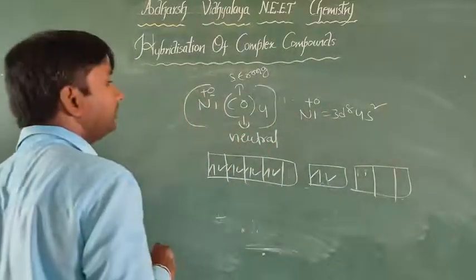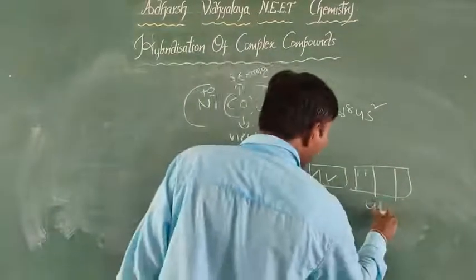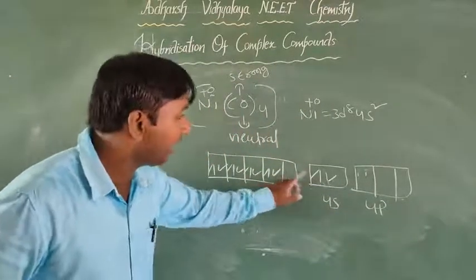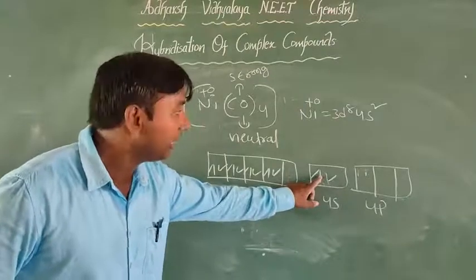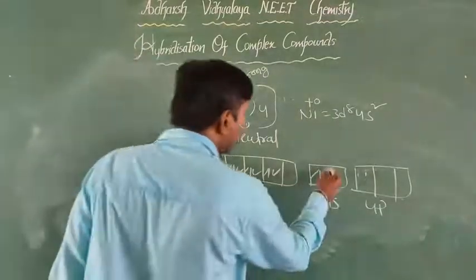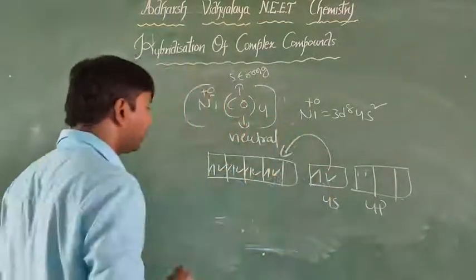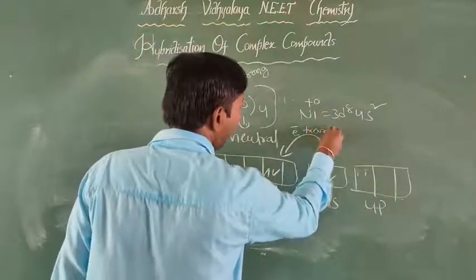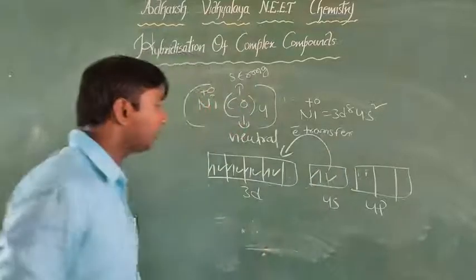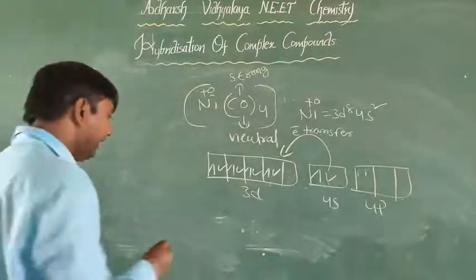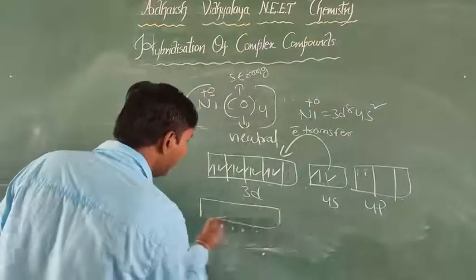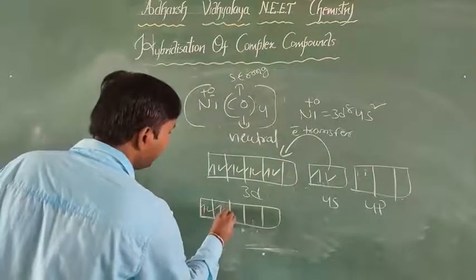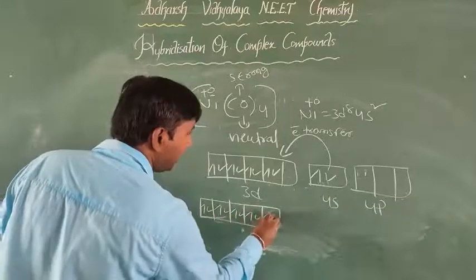Okay, this is the 4p. This is 4s. But here in 3d one vacant orbital is there, but 4s is filled. That's why hybridization is difficult. That's why the 4s electron transfers to 3d. Here electrons should transfer, 4s electrons transfer to 3d. That's why here 3d filling is 4, 6, 8, 10.